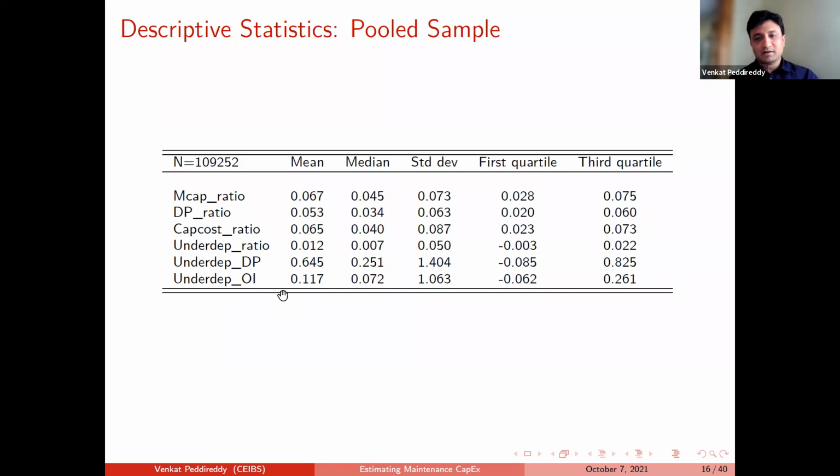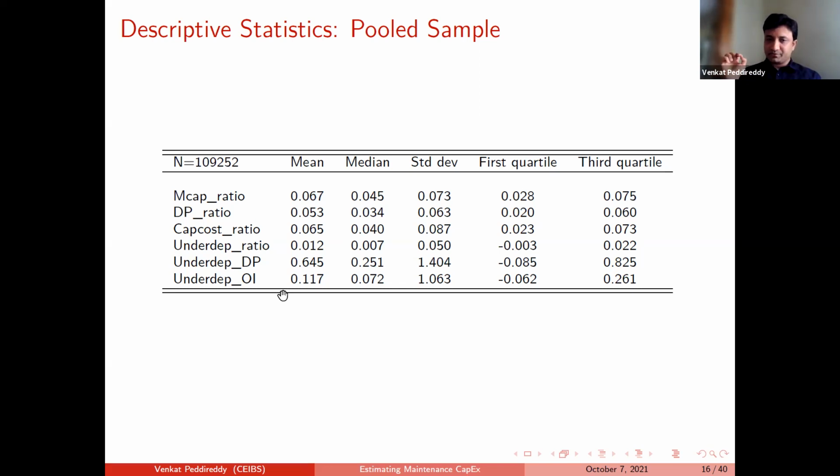I also look at the value of a firm-specific total cost by sales, which is the capacity cost ratio. It's the sum of DP and write-downs divided by sales on a firm-specific basis. On the aggregate measures, that's around 6.5 cents. Now, what is the effect of the estimate of maintenance capex? You see that under the under-depreciation, which is estimated maintenance capex minus the D&A expense.